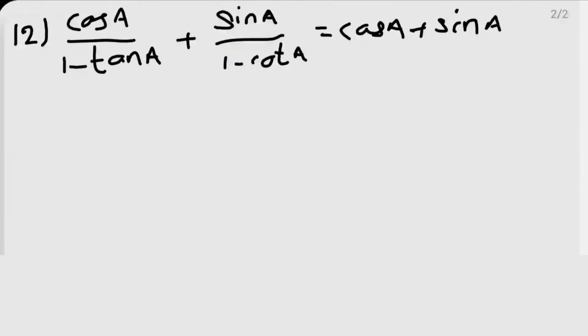So well students, the next problem is the 12th one: cos A divided by 1 minus tan A plus sin A divided by 1 minus cot A is equal to cos A plus sin A. So first write down LHS.